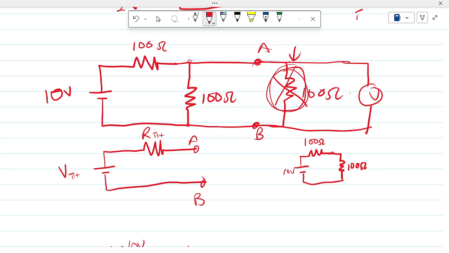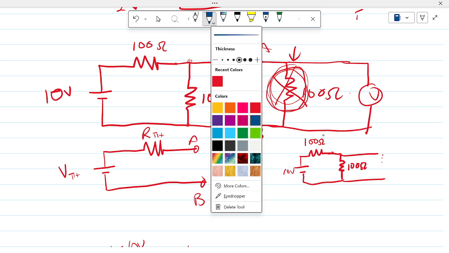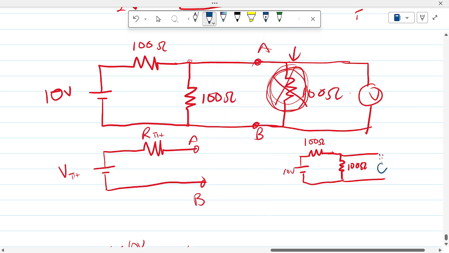Now because we've taken this out, because that's what we are interested in, we are just putting, let me change the color of the pen, we are just putting a voltmeter here to measure the voltage across this node AB, which will be the same voltage across this guy. So from voltage divider, they are going to share it equally. It's going to be 5 volts here, 5 volts here. So the voltage across the node of interest is 5 volts, and that becomes our Thevenin voltage.